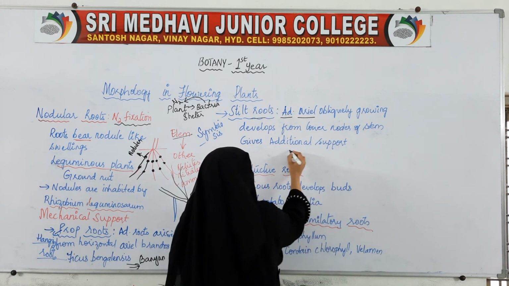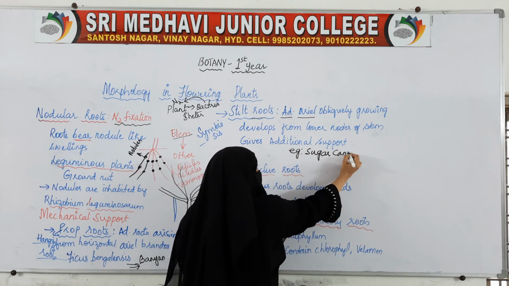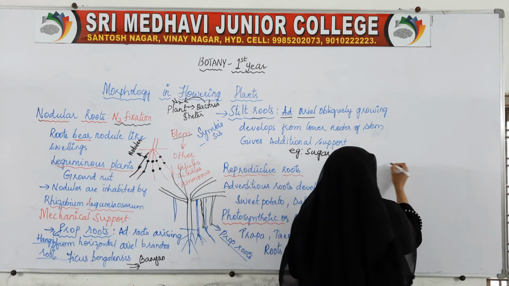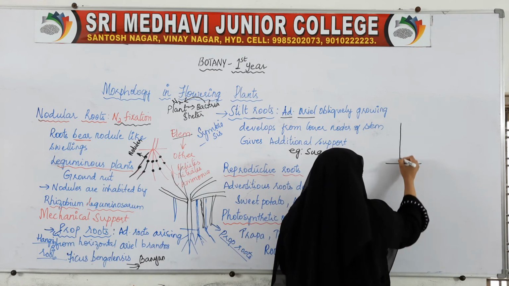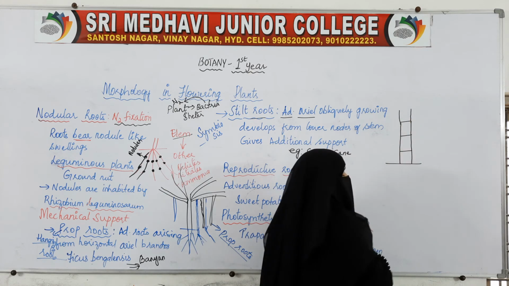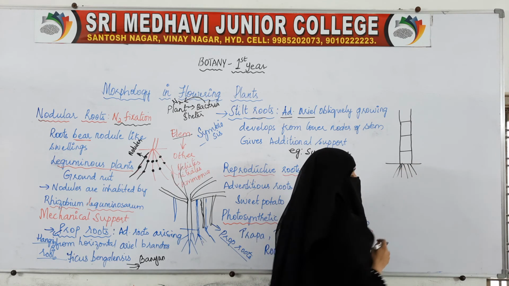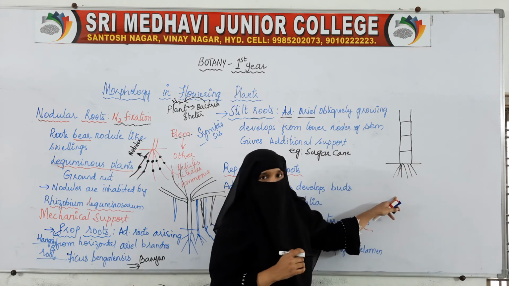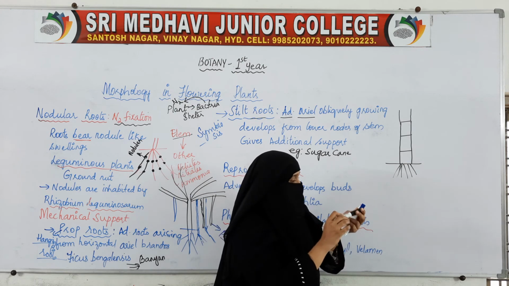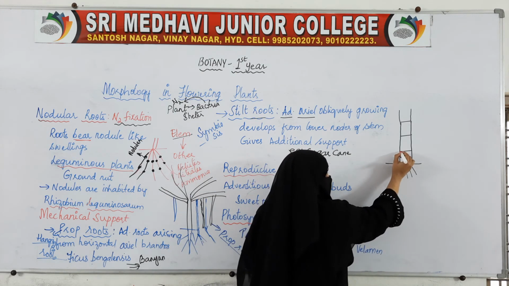For example, we see this in sugarcane. We know that sugarcane has a segmented stem. These are the roots which it already has. In order to support this plant, roots which are oblique grow from the base of the stem.